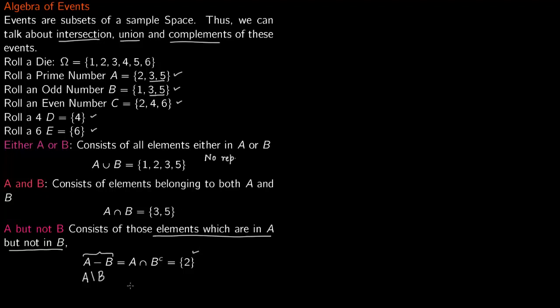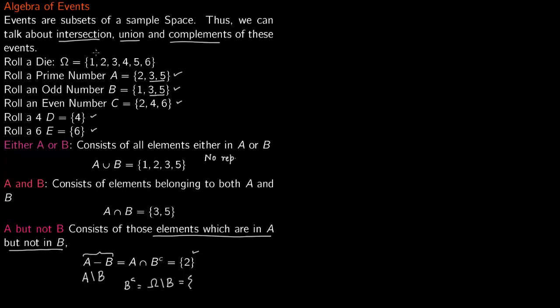Or you can talk about B complement. Now notice what is B complement. B complement is the elements which are in omega minus the B. So that would be this entire omega 1, 2, 3, 4, 5, 6 minus 1, 3, 5.